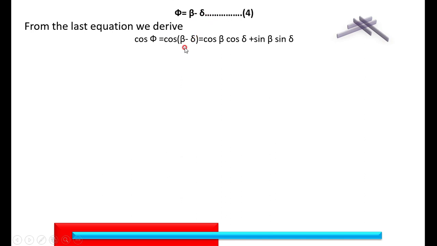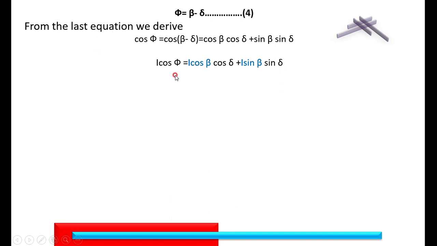Apply the cos A minus B expression here, and we get cos beta cos delta plus sin beta sin delta. What I am interested in is the power equation, P equals VI cos phi. I want I cos phi, therefore I multiply I cos phi on either side of this equation. This is I cos phi, and here also I multiplied: I cos beta cos delta and I sin beta sin delta.